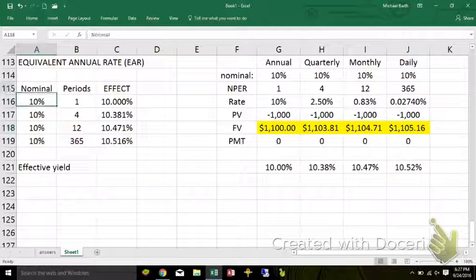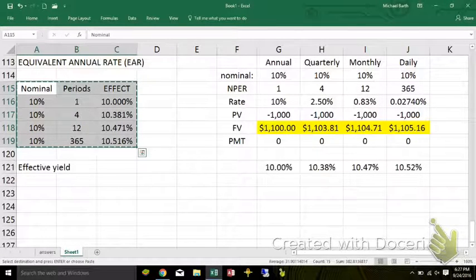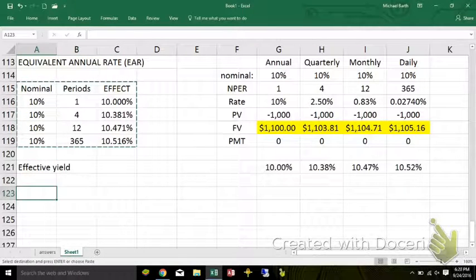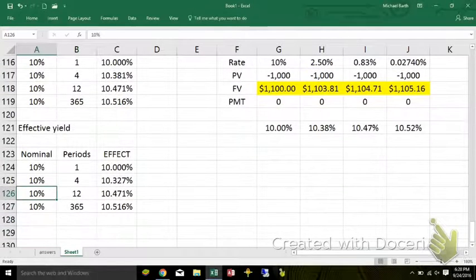Now, here we are comparing nominal rate of 10% in each instance. Where it starts to get more difficult is when you're trying to compare different rates. Let's say this one is 10%, but this one's 9.95%. Lower nominal rate, but it still ends up being a higher effective rate.